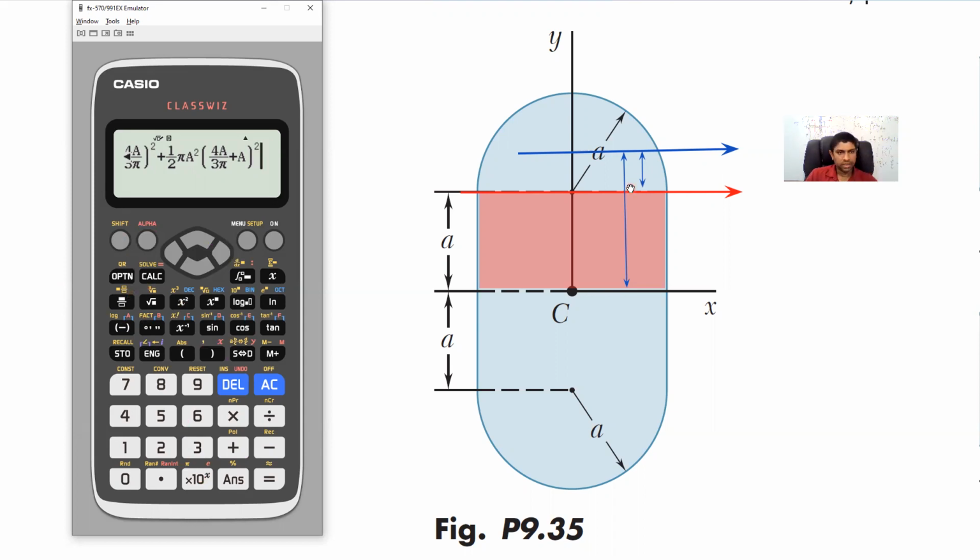Then close the brackets. Then we can find the moment of inertia with respect to the x-axis. We have already multiplied by 2, no? The answer is not given in the book. The answer should be 1.267 times 10 to the power 6.